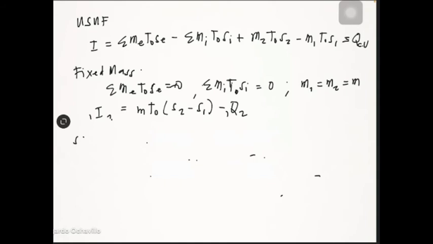So let's proceed. Here we will proceed to our next topic. This would be the maximum reversible work. The question is how can you get the maximum reversible work?